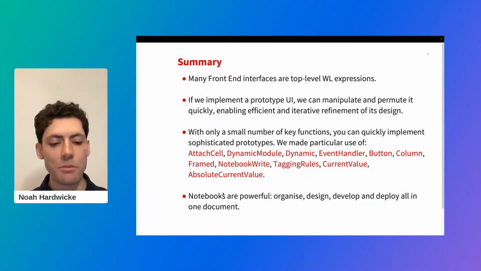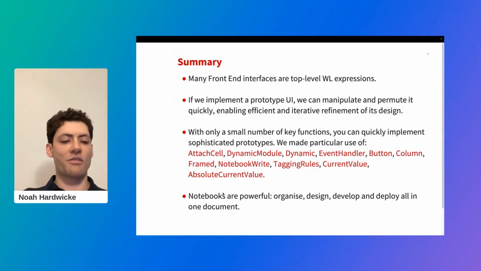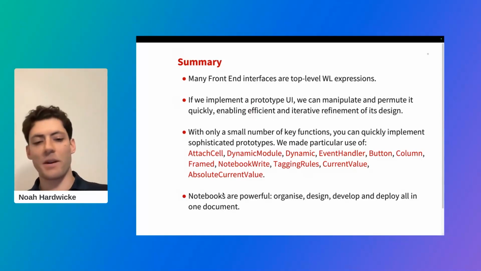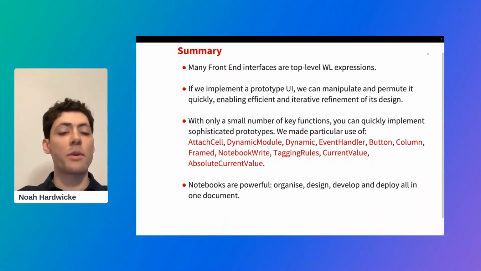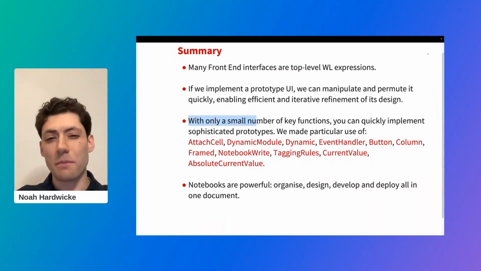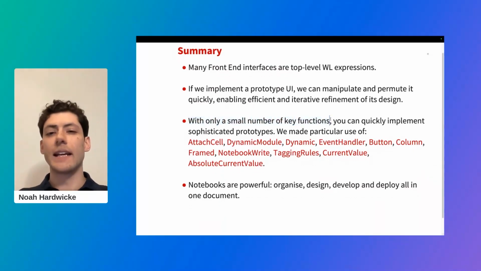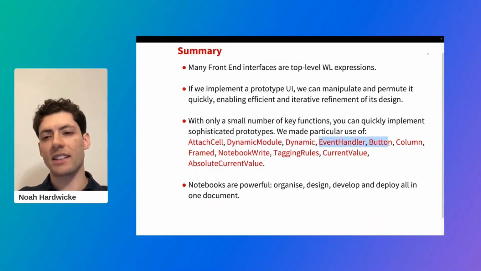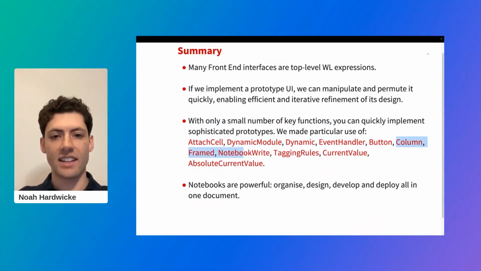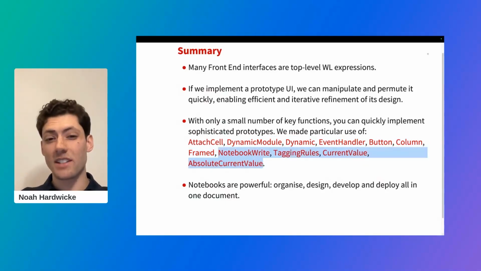This enables a seamless iteration process, going from development to testing and back to development. We were able to implement this with only a pretty small number of key functions. We had some dynamic stuff, things for handling user events, some functions for laying things out, and some notebook programming functions, and that's pretty much it.